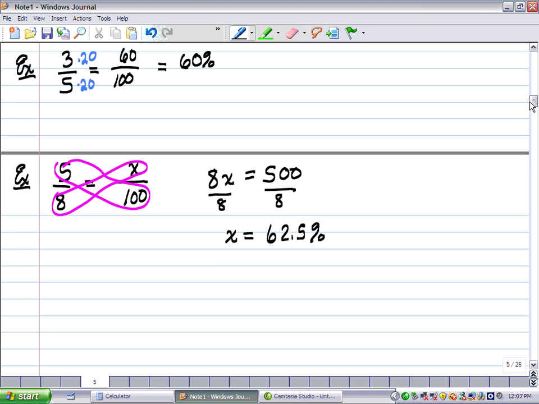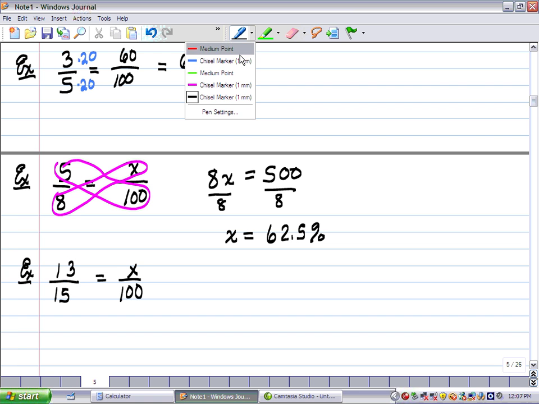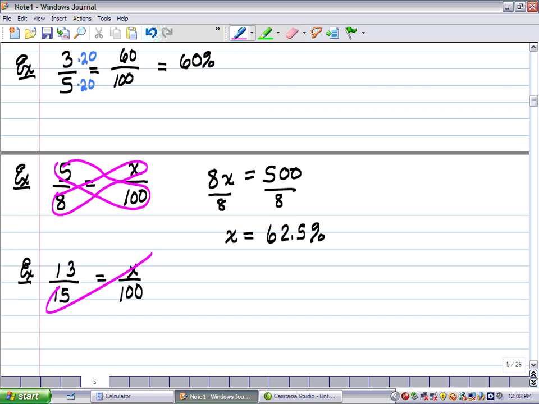Okay. Let's maybe do one more. Let's do 13/15. So that's out of 100. So I'm going to cross multiply. When I do my cross multiplying, I'm going to get 15x equals 1300.